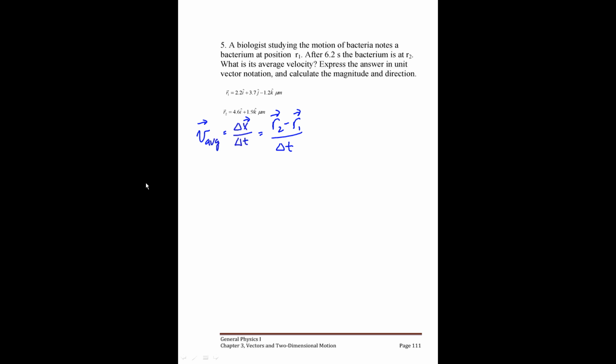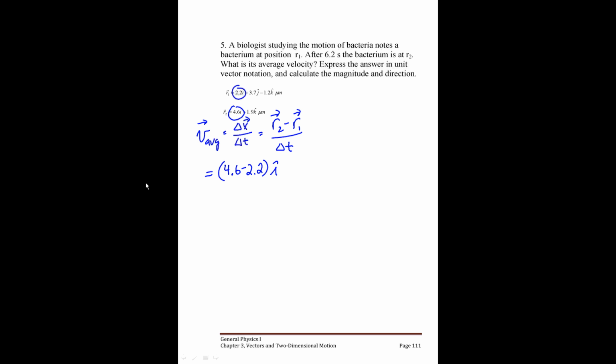So this is similar to what we did before in the last chapter, except now we're just dealing with vectors. Now, we treat it the same way. We just group our i, j, and k components all together. You group all your x terms together, all your y terms, and all your z terms together. And so it looks like this. You're going to have 4.6 minus 2.2. That's this minus this. It's in the i direction.